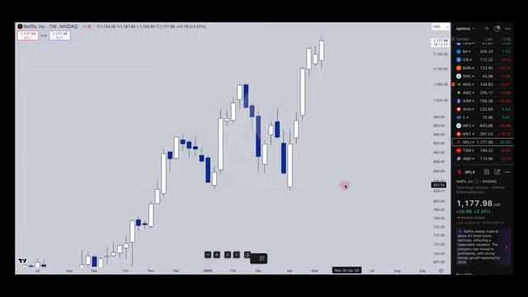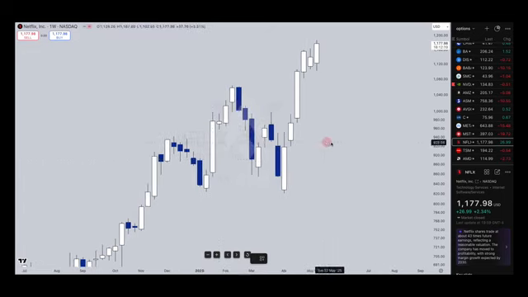For instance, I want you to look at this price action. In this scenario right here, I want you to see that we have this impulse swing upwards, and then we have a retracement into the market.